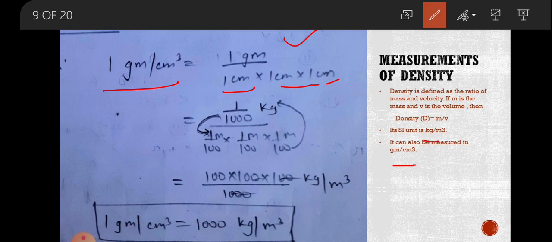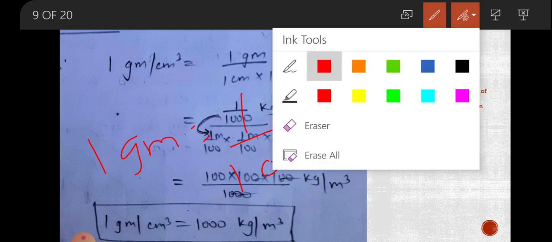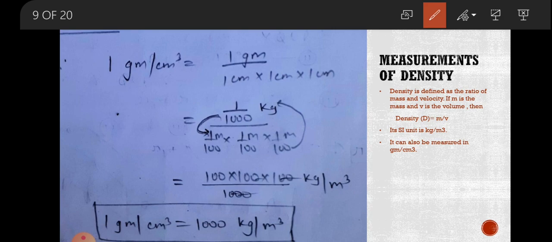To convert gram into kilogram, 1 gram is equal to 1 upon 1000 kilogram, so we substitute 1 upon 1000 kilogram in place of gram.